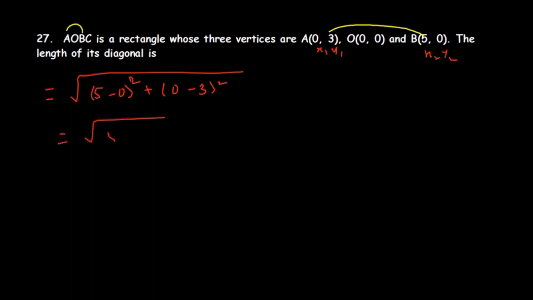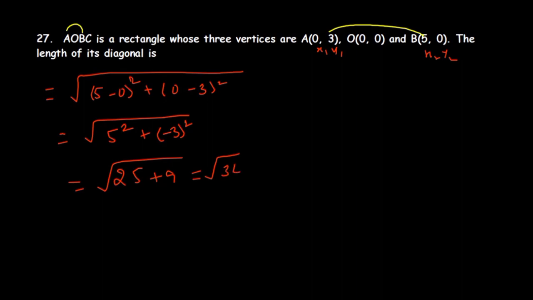So root of 5 square plus minus 3 whole square. That means 5 square is 25, minus 3 square is 9, 25 plus 9 equals root of 30.